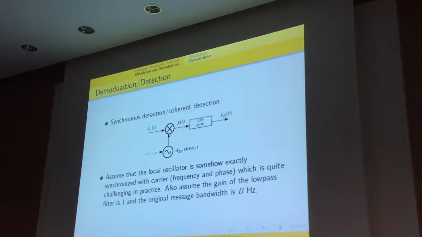Why do we call it coherent? It's because at the demodulator side, that means the receiver side, we assume we have a local oscillator, which has the same frequency and same phase as the transmitter side.